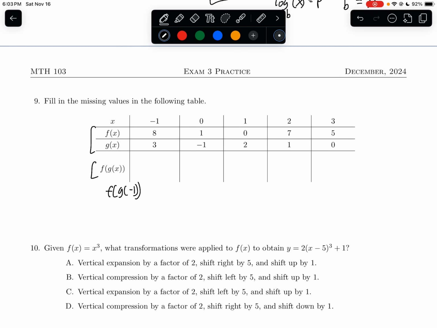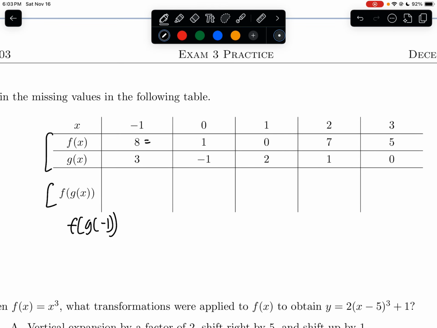So I need to put negative 1 into the composition function, just like this is f of -1 and this is g of -1. I would get my f of g of -1 value here, but I have to find what that is. That's where the work in this lies.